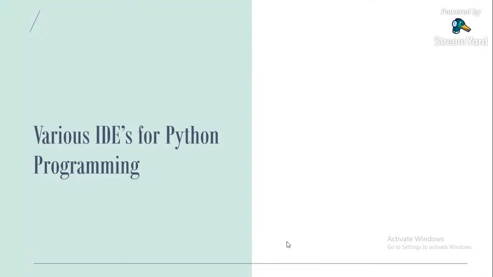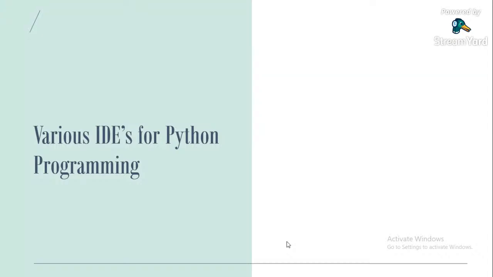There are various IDEs for Python programming. The programs we have written till now are very basic. But for advanced Python programming, we mostly prefer IDEs, that is, integrated development environments.